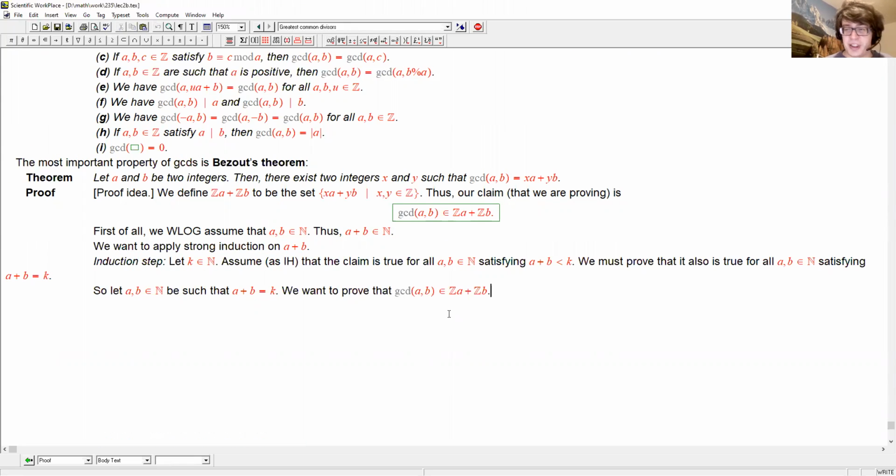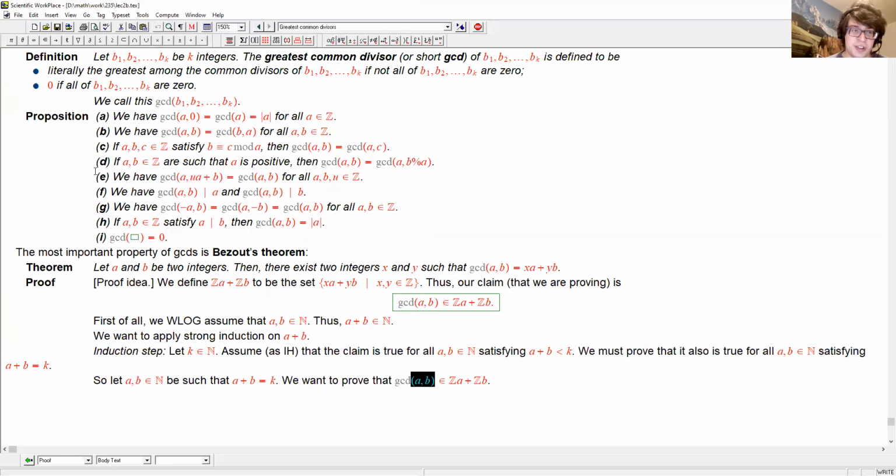And by the induction hypothesis, we know that the same thing is true for pairs of non-negative integers with smaller sums than K. All right, how can we reduce this to a smaller case? Here, this proposition comes out to be useful.